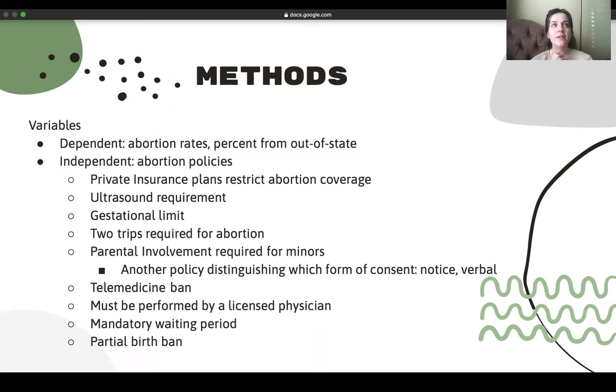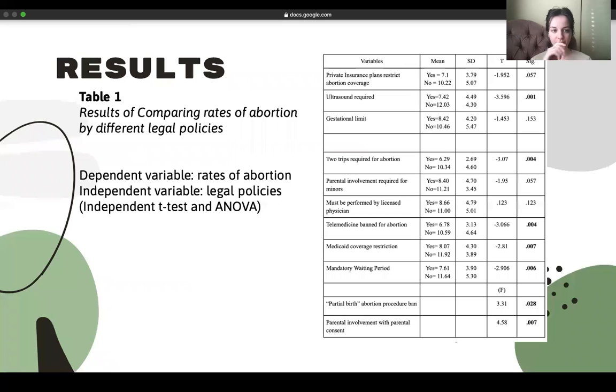It's not as specific and nuanced as saying, okay, these states that have an 18-week gestational limit vary compared to others. It's just, do they have one or do they not? So it's important to note that I was looking at many different policies and not being very specific about certain policies.